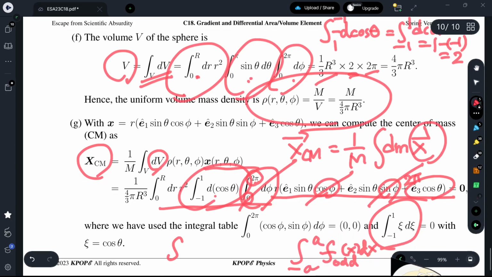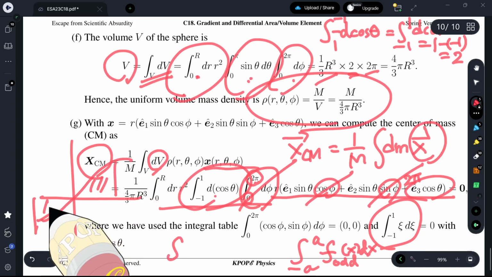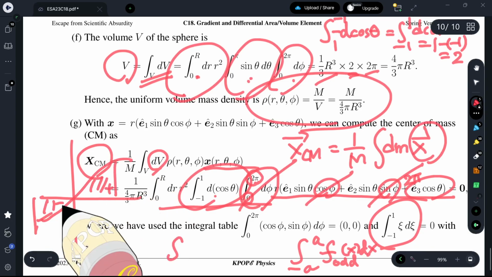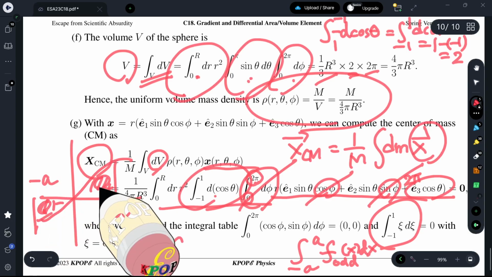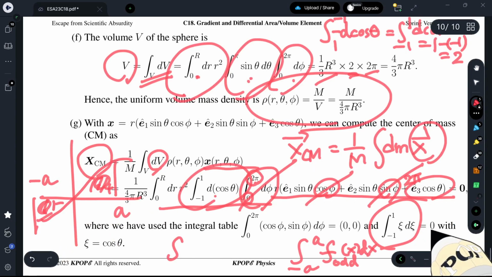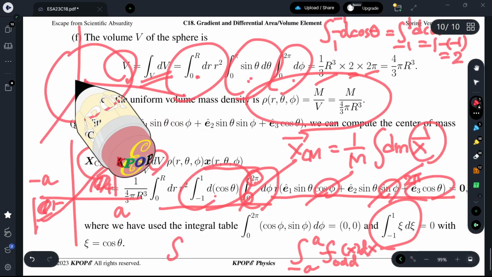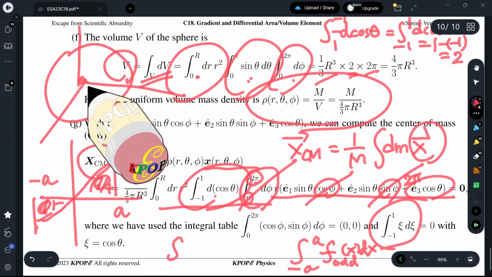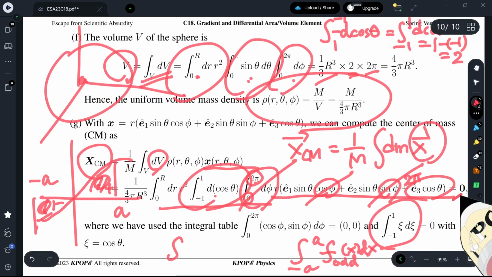Any odd function integrated from -a to a, the contributions are opposite, plus and minus. This integral vanishes. Therefore, the center of mass of a uniform sphere centered at the origin is the origin itself. It's at 0. That's it for today. Thank you.